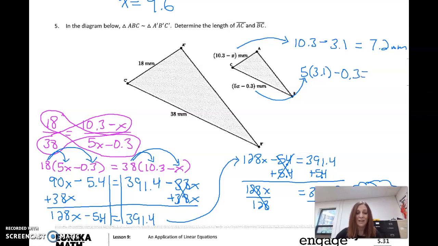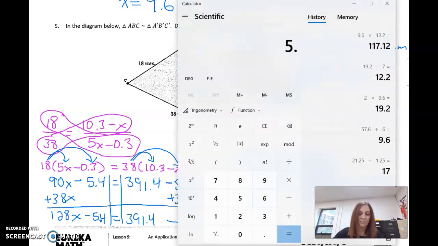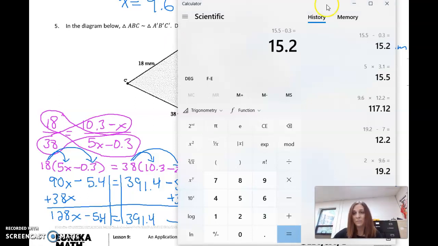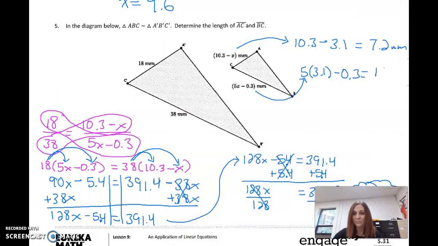And you can just type that into a calculator. And we get 15.2 millimeters. Okay, so that answers the question being asked.